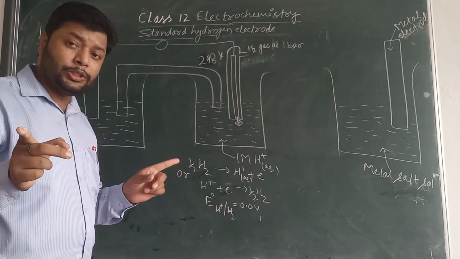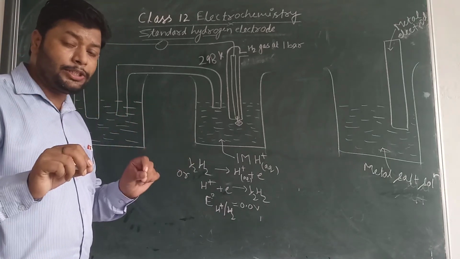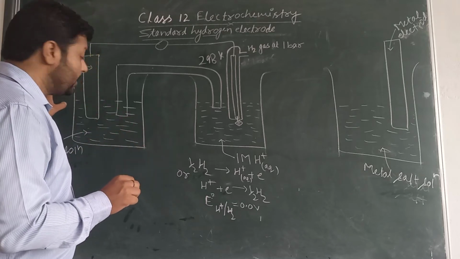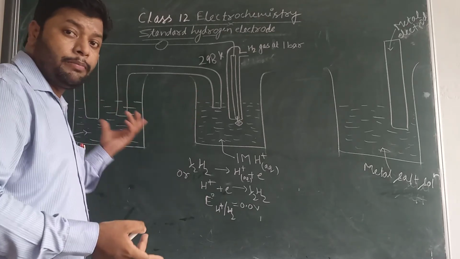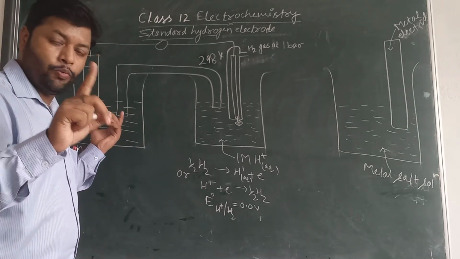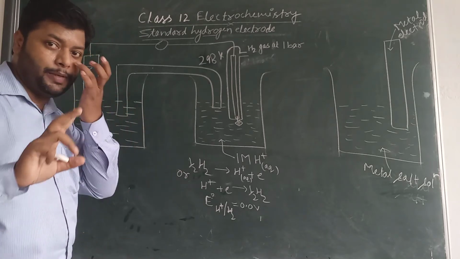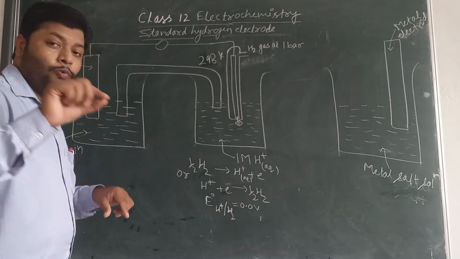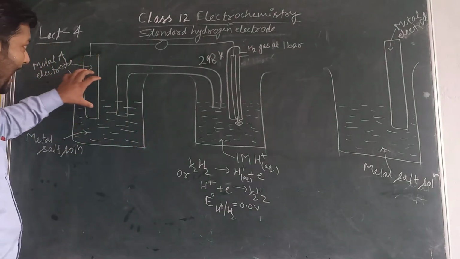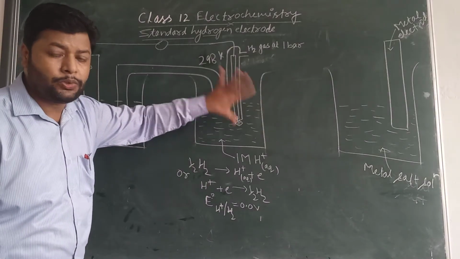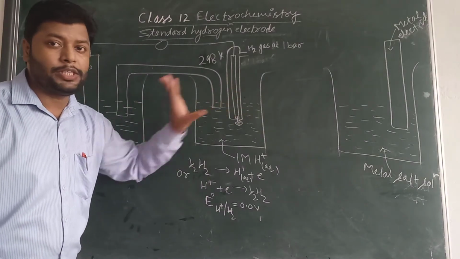All those metals which act as the anode will be in one category, meaning one possibility. So the metal A electrode acts as the anode compared to the hydrogen electrode.